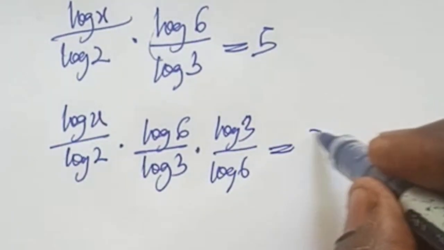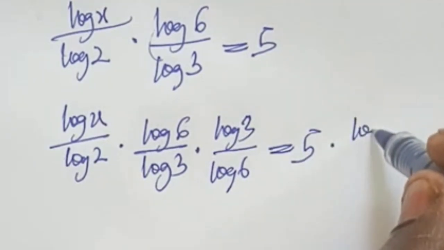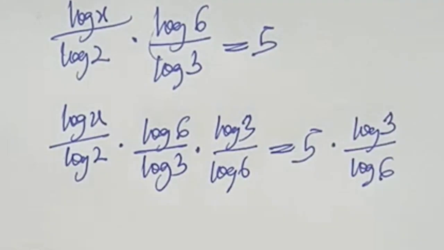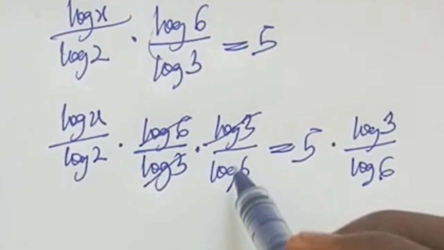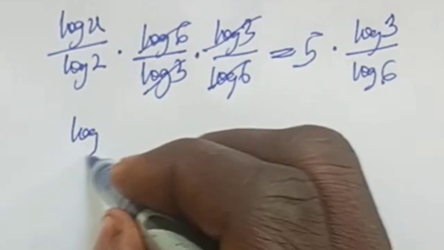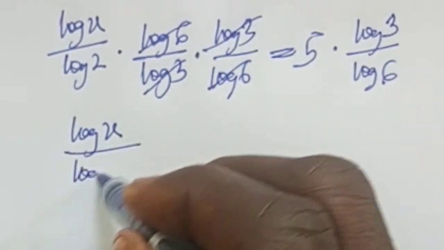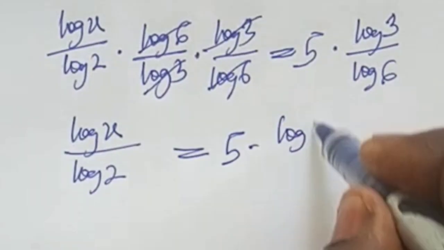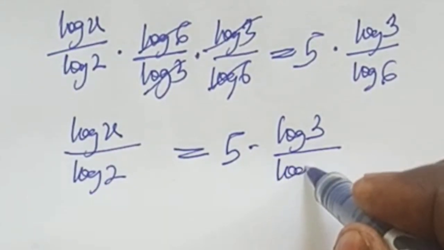This equals 5 times log 3 all over log 6. So that log 3 cancels log 3 and log 6 will cancel out. What is left is log x over log 2 equals 5 times log 3 over log 6.